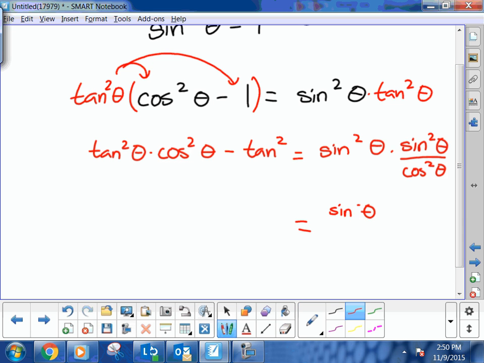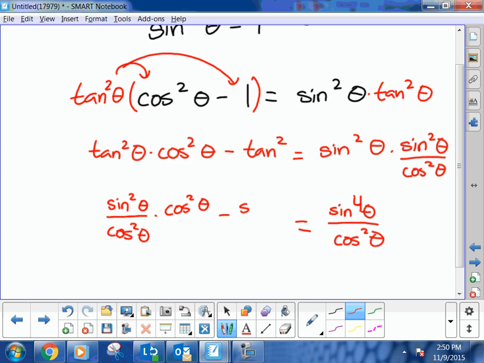That makes sine to the 4th. They'll say sine to the 4th theta divided by cosine squared theta. And then over here, I'm going to change this over from sine squared theta over cosine squared theta, times cosine squared theta, minus sine squared theta over cosine squared theta.